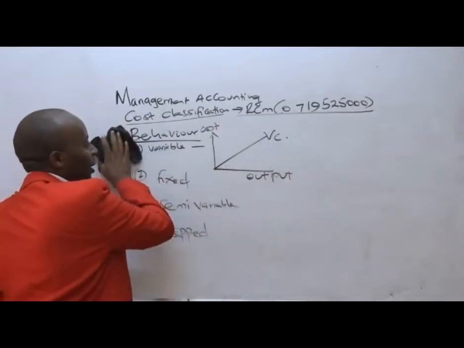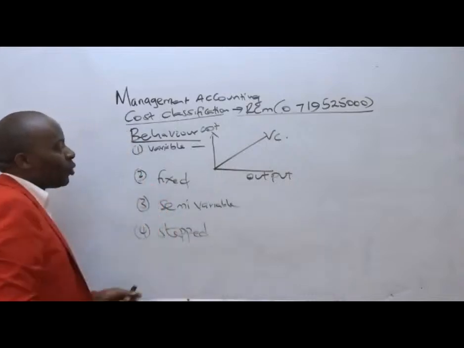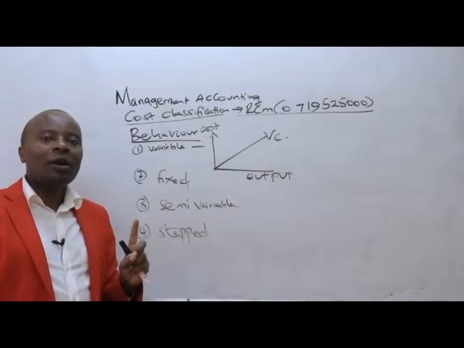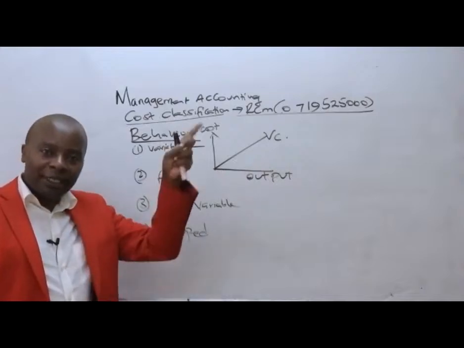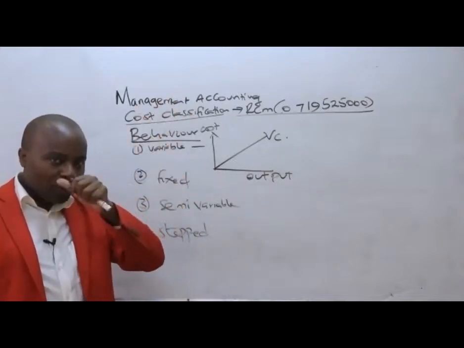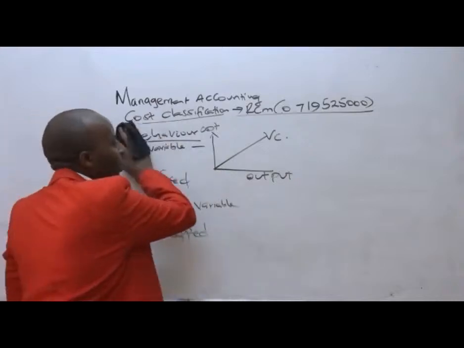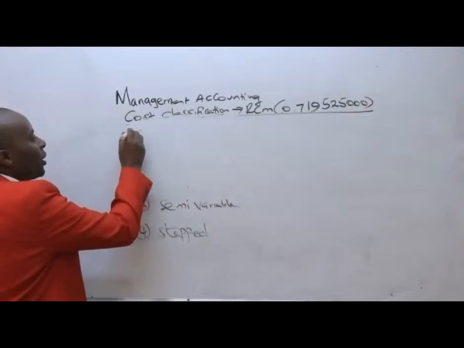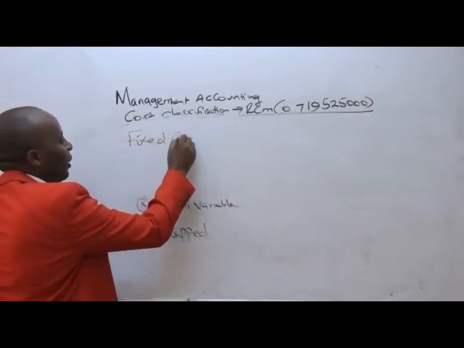Great. So that is all about variable cost. Good examples of variable costs will include things like raw materials, timber. The more tables I produce, the more timber I want. So timber cost becomes a variable cost. From there, ladies and gentlemen, we have the fixed cost. Fixed cost, as the name suggests, behaves in a funny way.